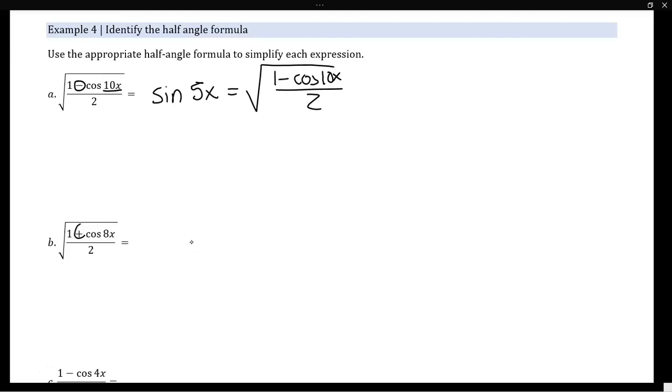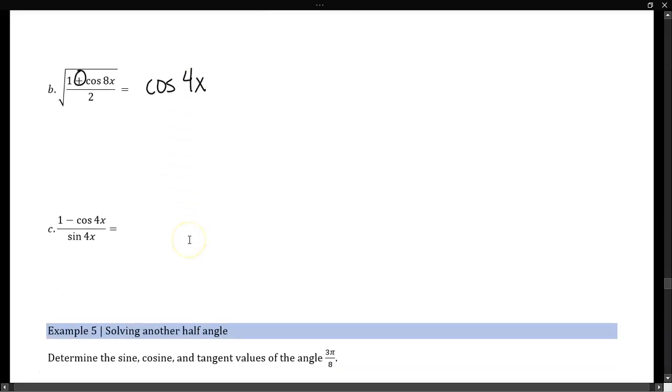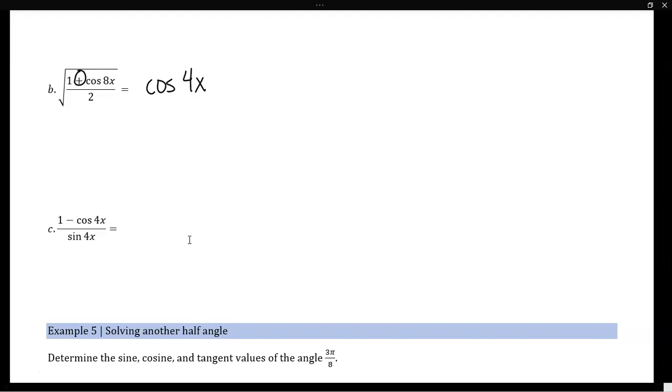When we see the plus, that's going to indicate that it's the cosine of a half angle. So we're going to divide the 8x by 2 and get cosine 4x. It's that simple. And then for option C, we have 1 minus cosine 4x divided by sine 4x. That's an indicator for a tangent of a half angle.